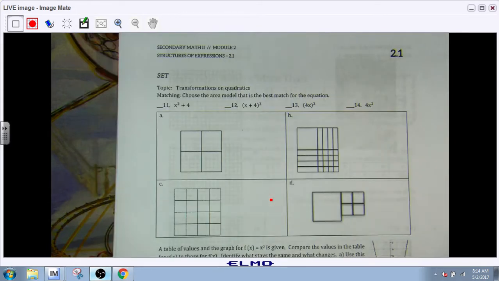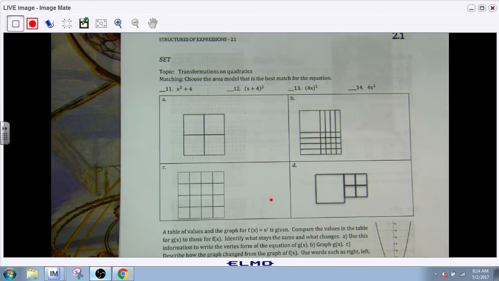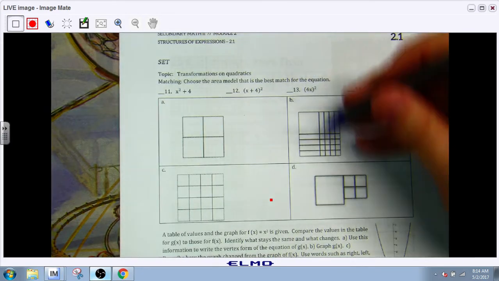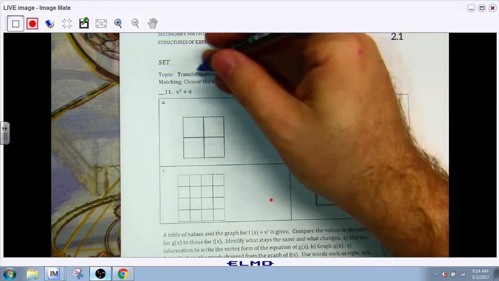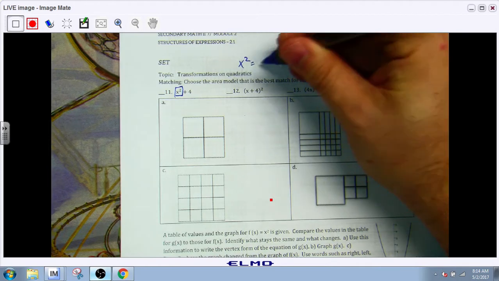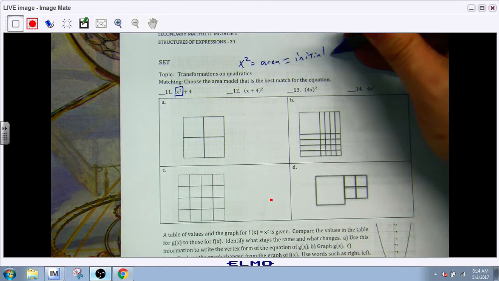Okay, next section. So we're talking about transformation of quadratics. So we're trying to figure out what each of these means in terms of everything else. So when we're looking at an x squared, it's going to be our area. It's going to be our initial square. Right?